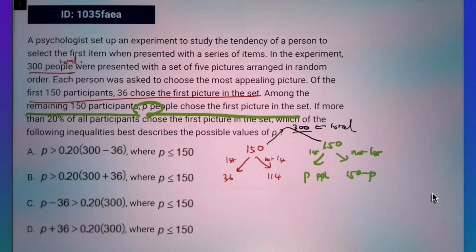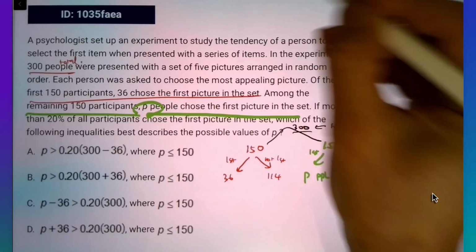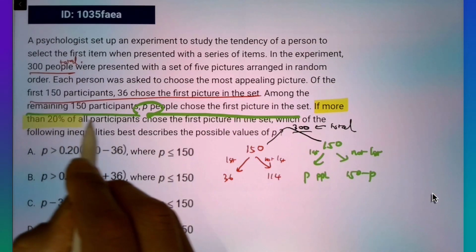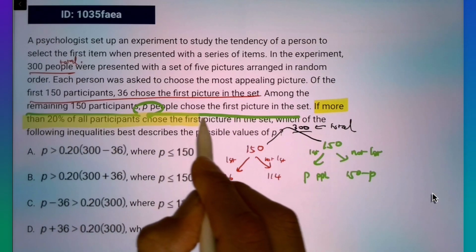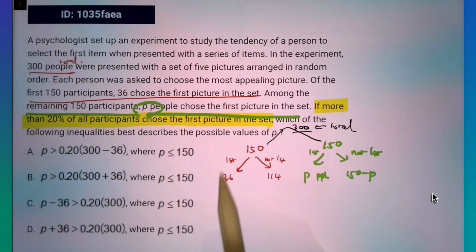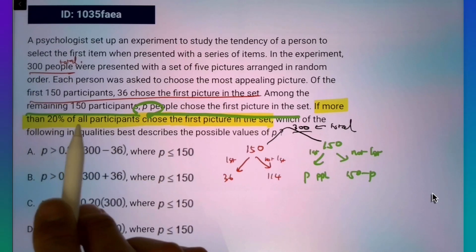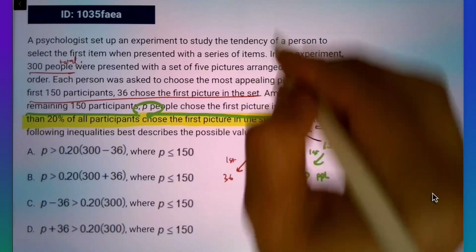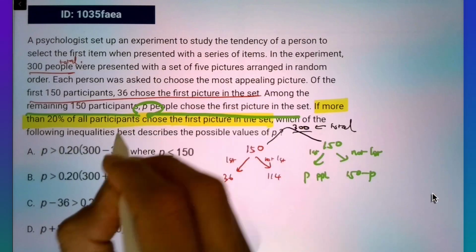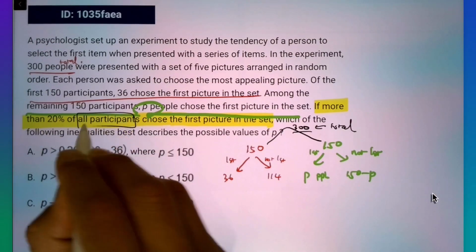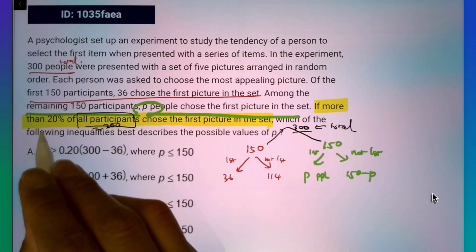Having written all this, let's translate the very important part. If more than 20% of all participants chose the first picture in the set, that's the important one. More than 20% of all participants. I said earlier that this 300 is the total, so all participants equals 300. So I can replace all this part with 300. 20% of.